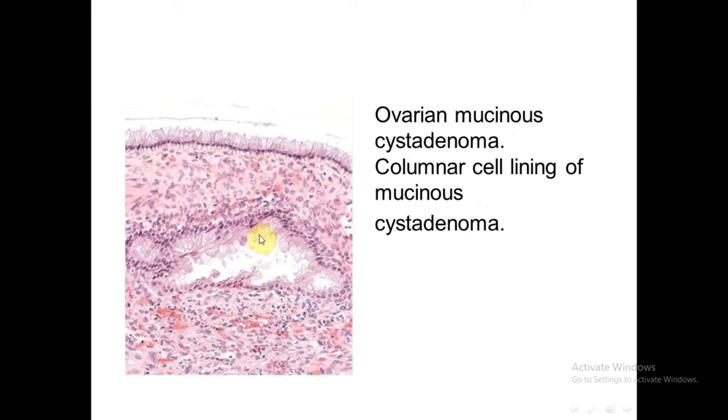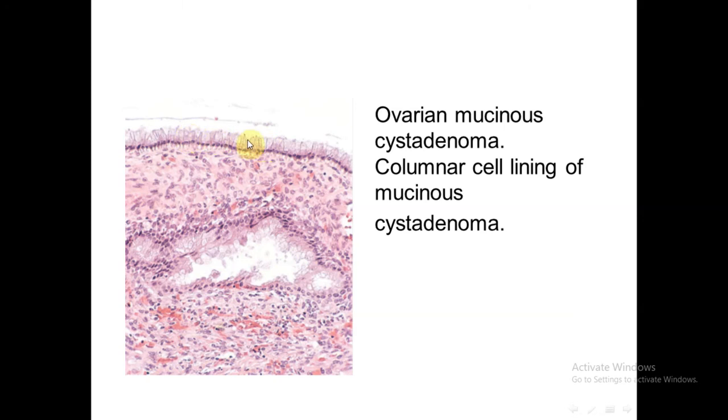Here, microscopic feature of ovarian mucinous cystadenoma, we see a single layer. This is the lumen, and this is the lining epithelium. We see a single layer of basally located uniform cells with no prominent atypia or features of malignancy, and this is the cytoplasm, which is mucin filled.